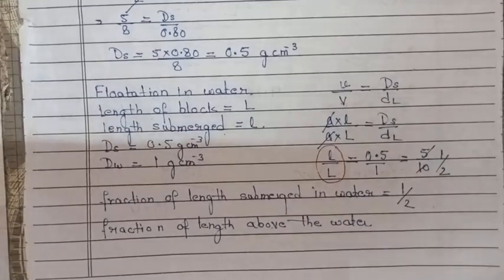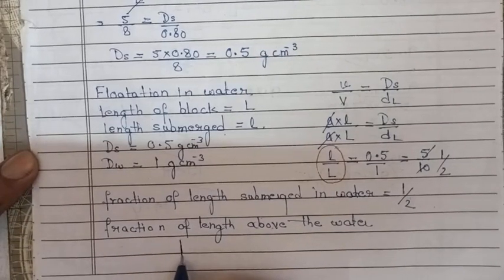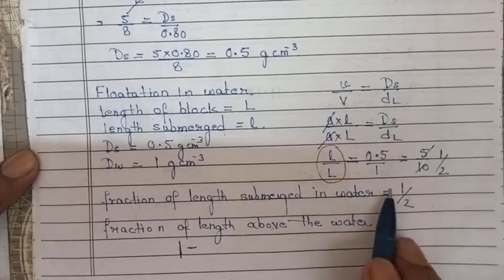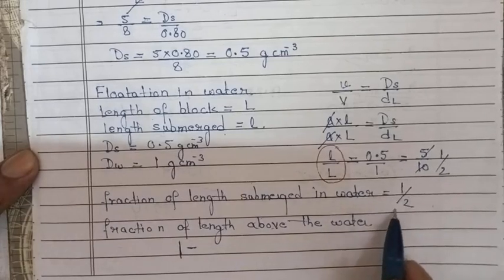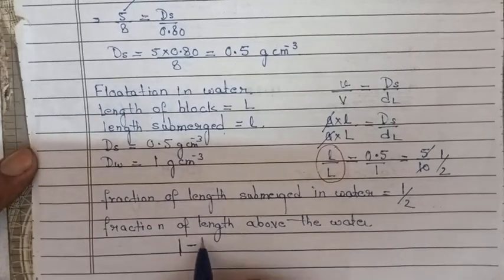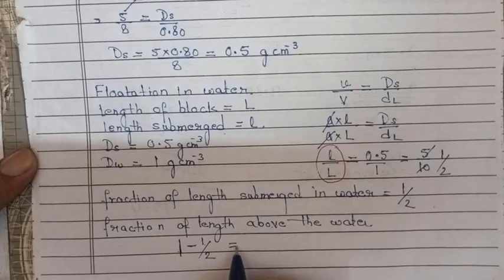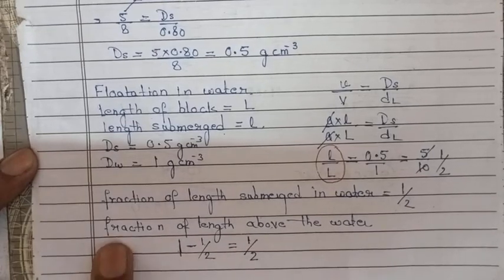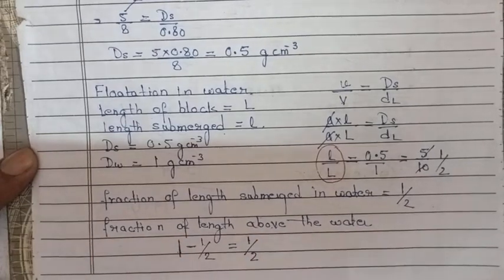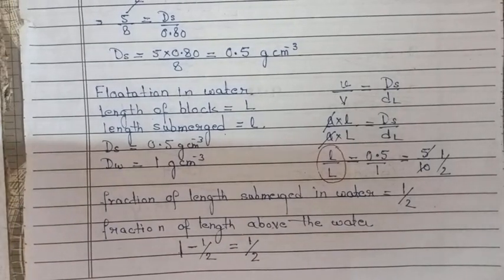Now remember, total fraction is always considered as 1. So from 1 you will subtract the fraction which is submerged. The fraction which is submerged is half. So when you subtract half from 1, you will get 1 upon 2, that is the fraction of length above the water. So the fraction of length above the water will be 1 by 2. Hope this is clear to you now.